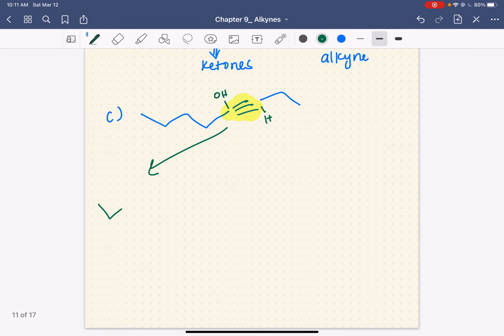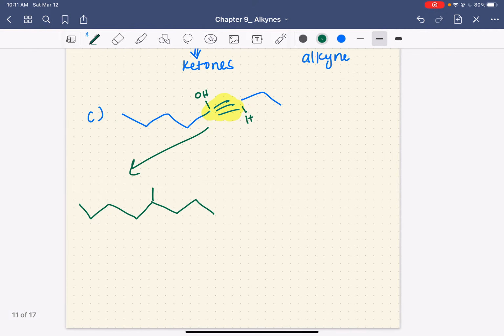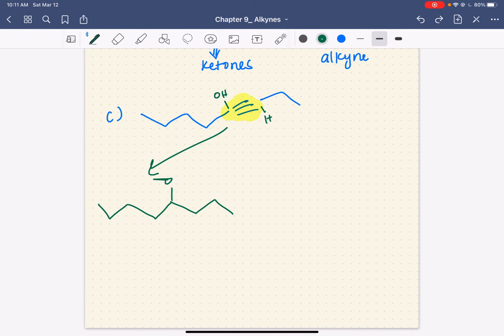So what we can get potentially is we've added the alcohol to this side, to form a double bond here, and we have our hydrogen here. Or we can do it on the other side of the triple bond. We add our alcohol here, double bond here, hydrogen here.